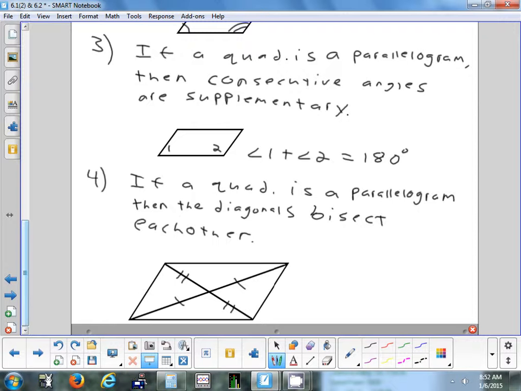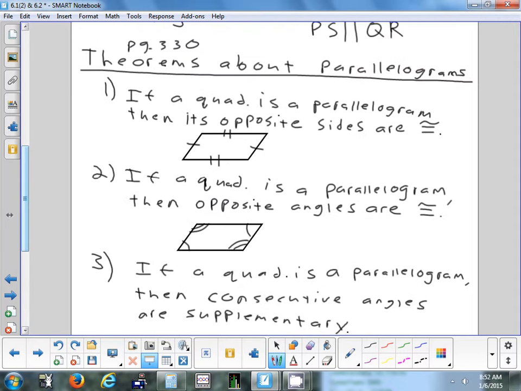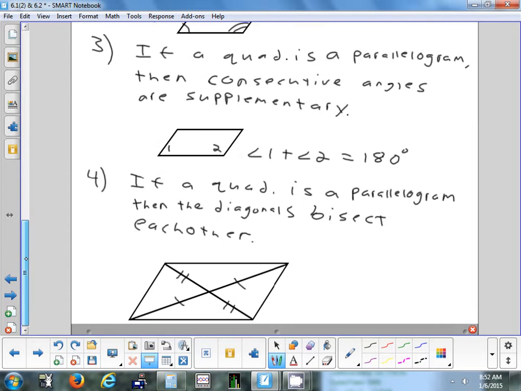When you cut them in half, exactly in half, isn't that also the bottom and the top meaning are the same? Well, that was another theorem: if a quadrilateral is a parallelogram, opposite sides are congruent. So it is true that this side and that side are the same, but now we're combining a couple theorems together.